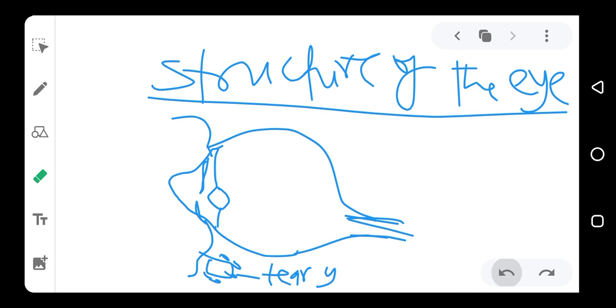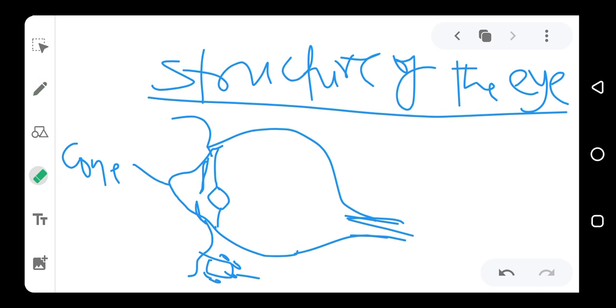Now, after the cornea, this place is filled with liquid. There is something like watery form that you see here after the cornea. When you break the white part, that watery part is called aqueous humor, or aqueous fluid. It is fluid or watery substance.